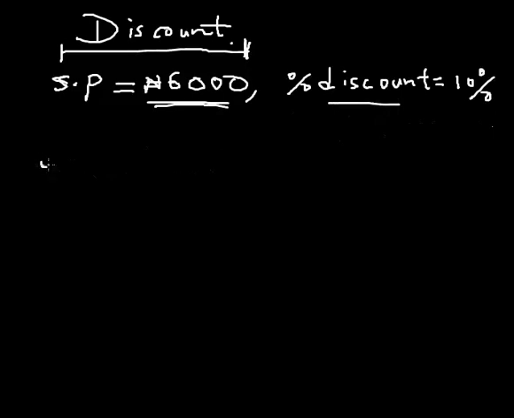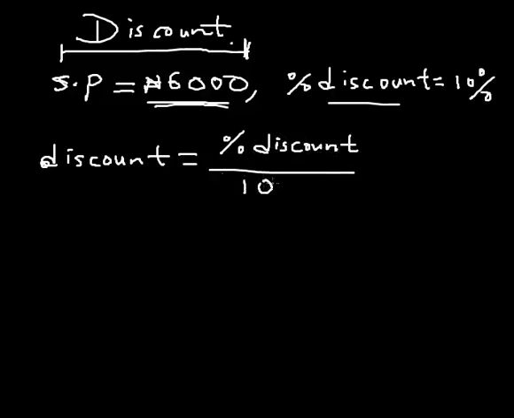If I want to get the discount from each percentage, you know how we do that. The discount is going to be equal to the percentage discount divided by the total percentage, which is already 100, then times the selling price.